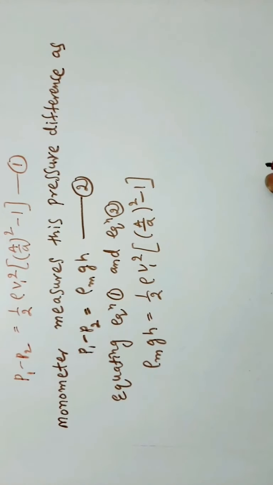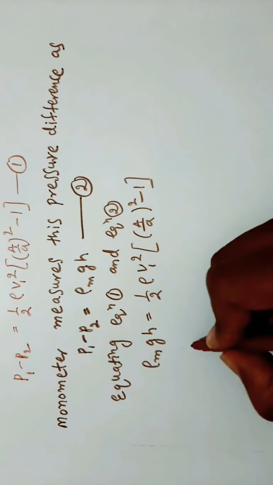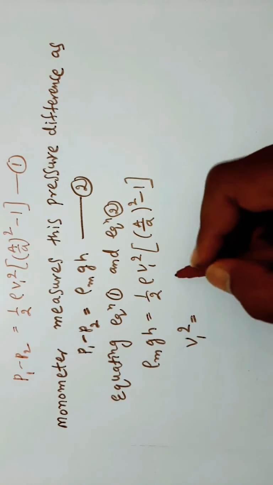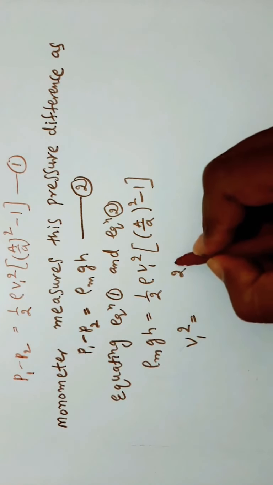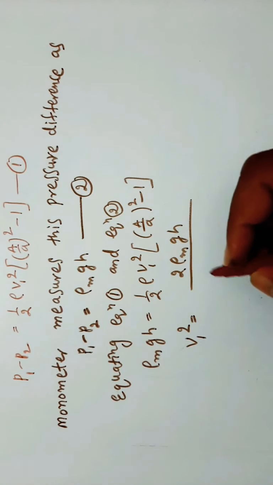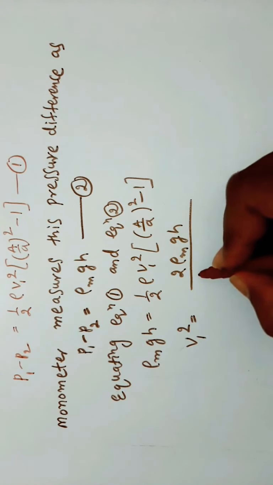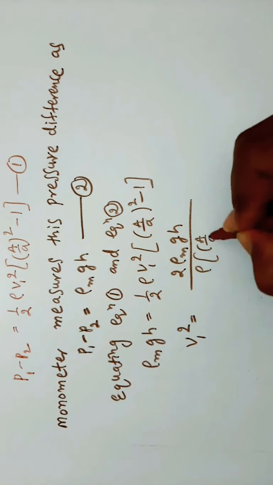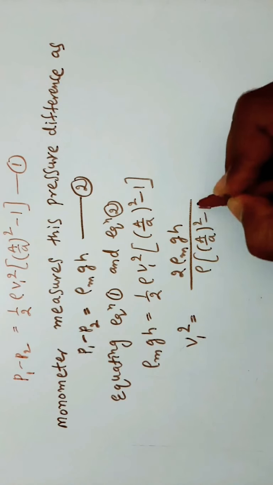From this we can write V1 squared is equal to 2 rho m g h divided by rho into ((A/a) whole squared minus 1).